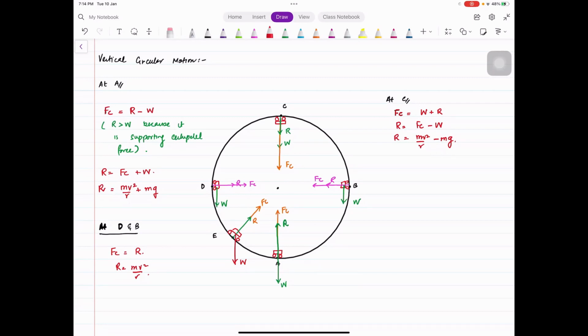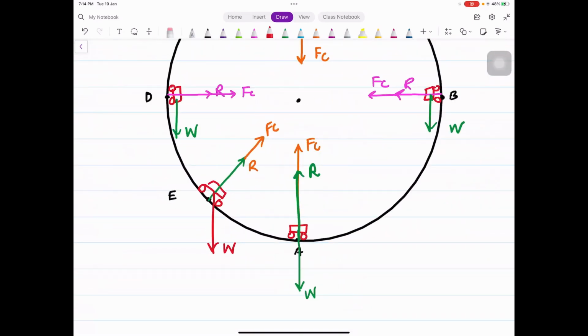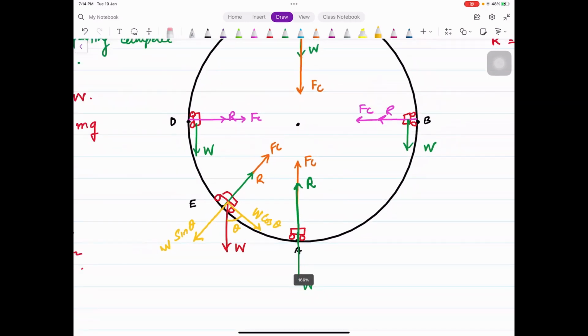Now, interestingly, at E, we need to understand that there will be two components of the weight. One component is going to be like this, the other component is going to be like this. If this is the angle theta at which it is, then this is going to be W sine theta, and this is going to be W cosine theta, like that, okay?